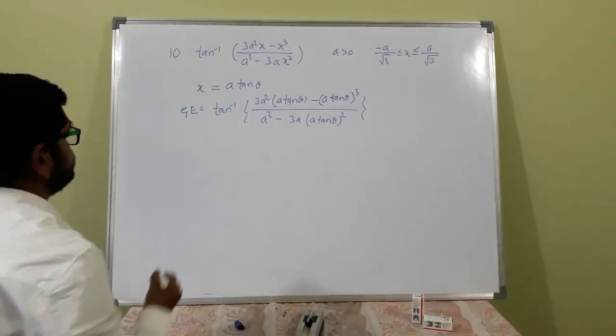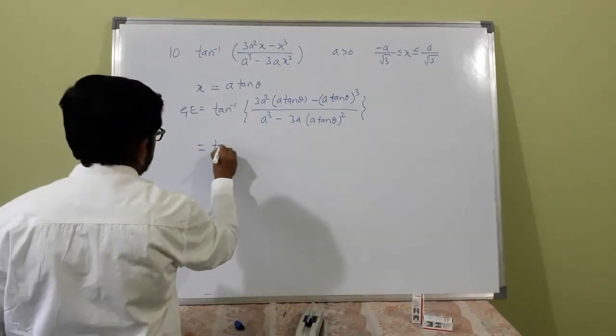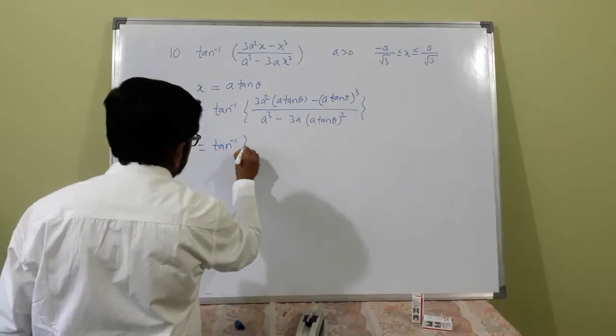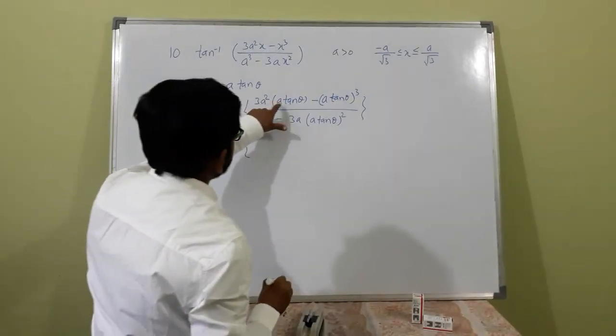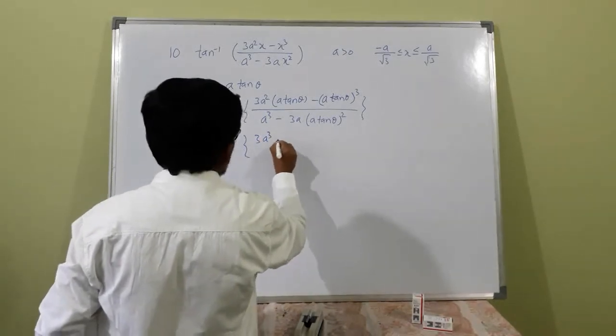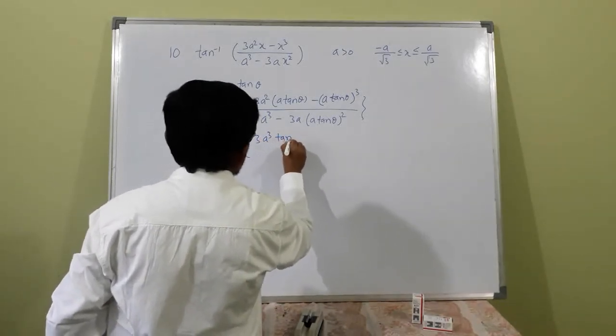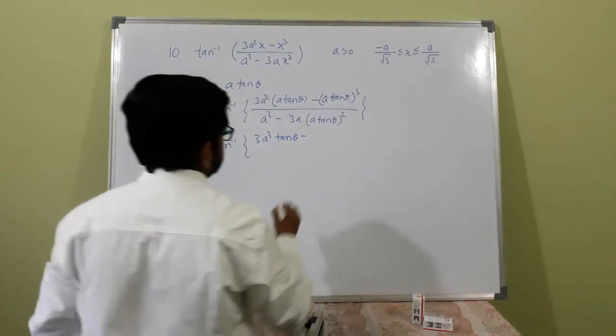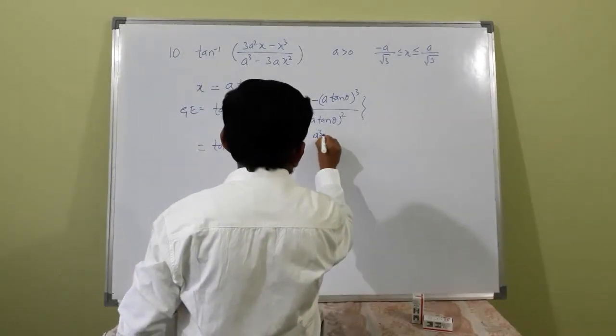Okay, so this is tan inverse of 3a cube into tan theta minus a cube tan cube theta.